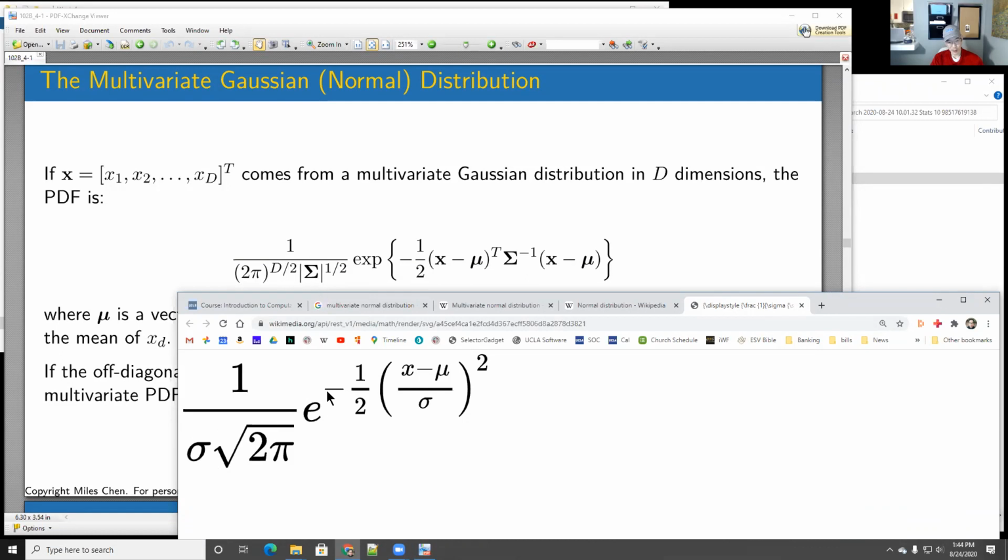Then we have exp raised to the -1/2 times x minus mu over sigma quantity squared. And we have the vector or matrix equivalent of that. So x minus mu quantity squared can be expressed as x minus mu transpose x minus mu. That's how we would express a quantity squared in vector notation.